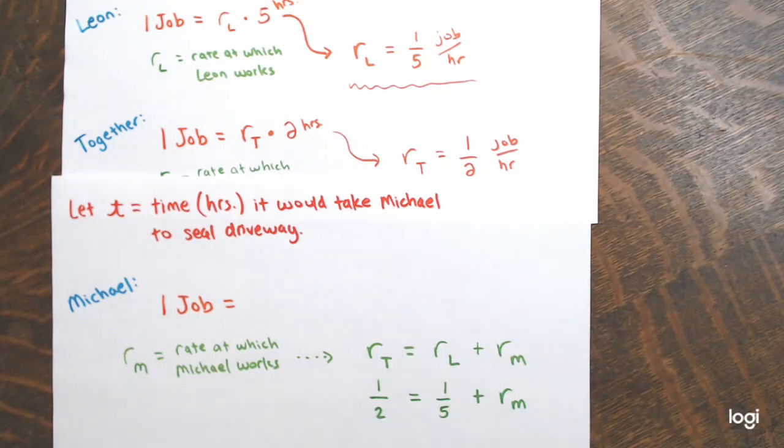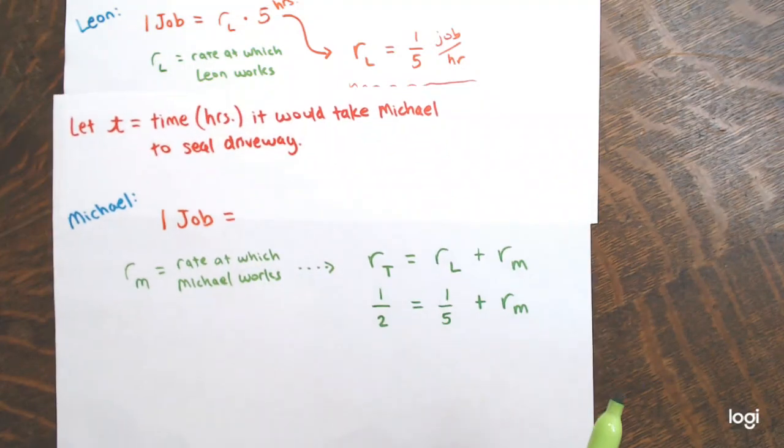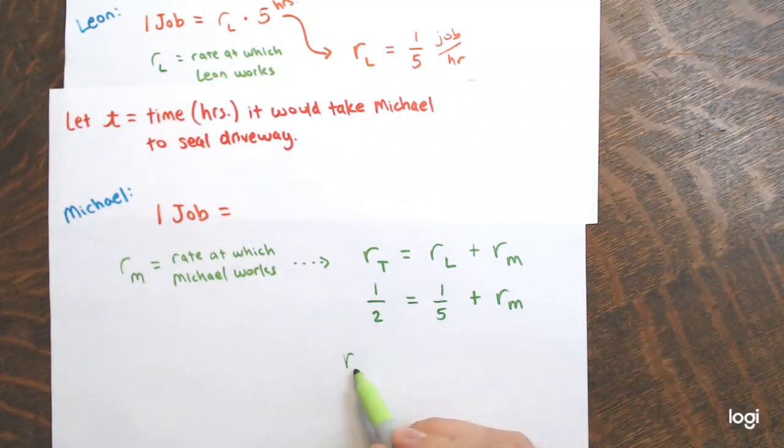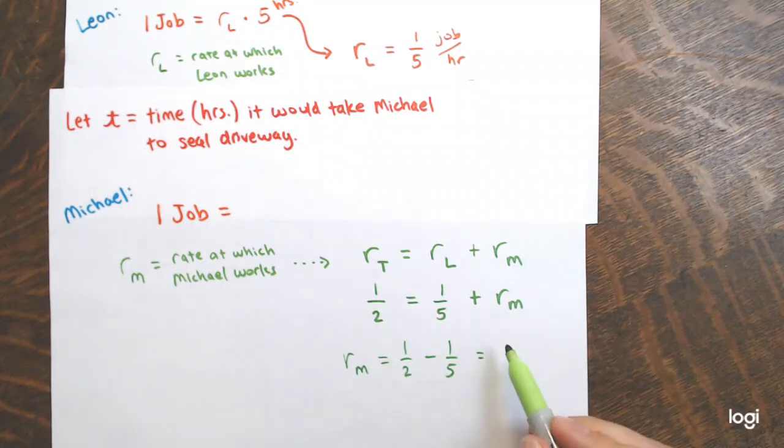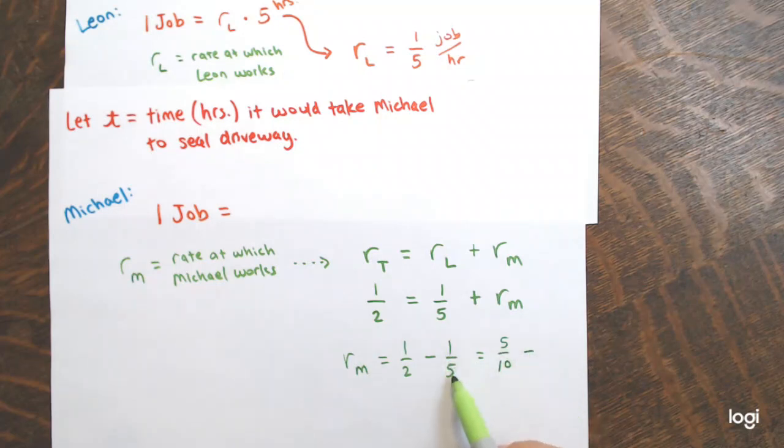Then I would simply subtract the fifth. We can solve this for R sub M. So R sub M, the rate at which Michael works, is 1/2 minus 1/5. The least common multiple of the denominators is 10. I'd multiply this fraction by 5/5, giving me 5/10, that's a half. Multiply this by 2/2, giving me 2/10, that's a fifth.